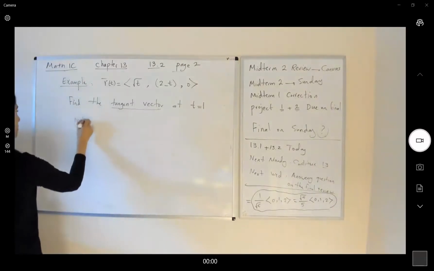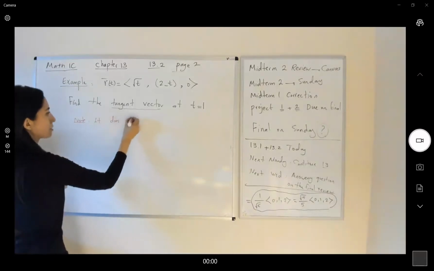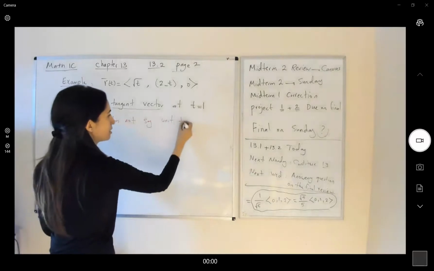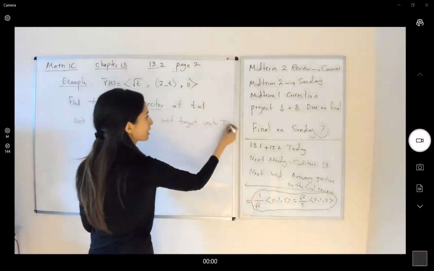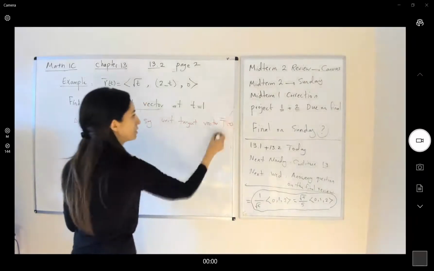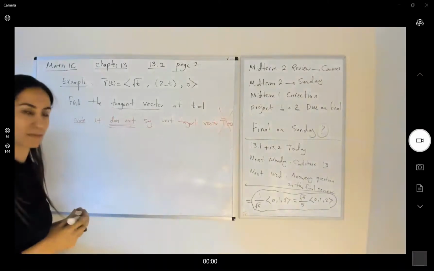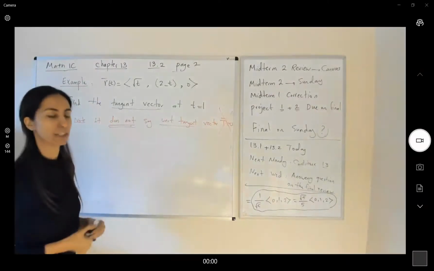Note, it does not say unit tangent vector. It's not saying find T of t. Just says find tangent vector.